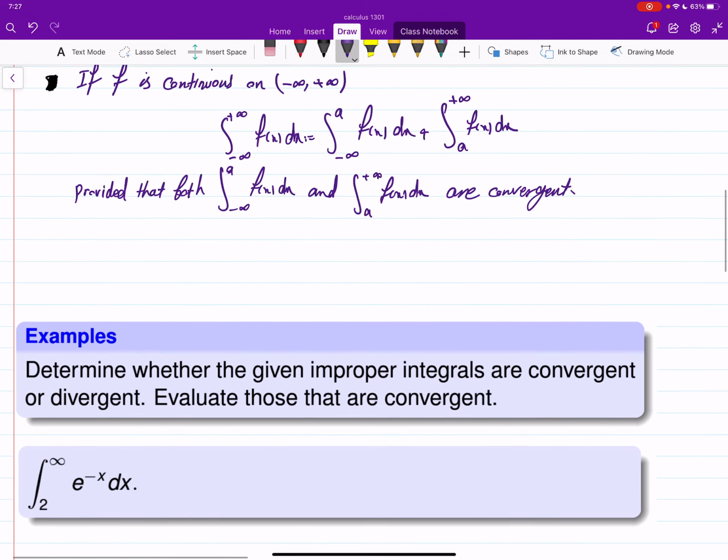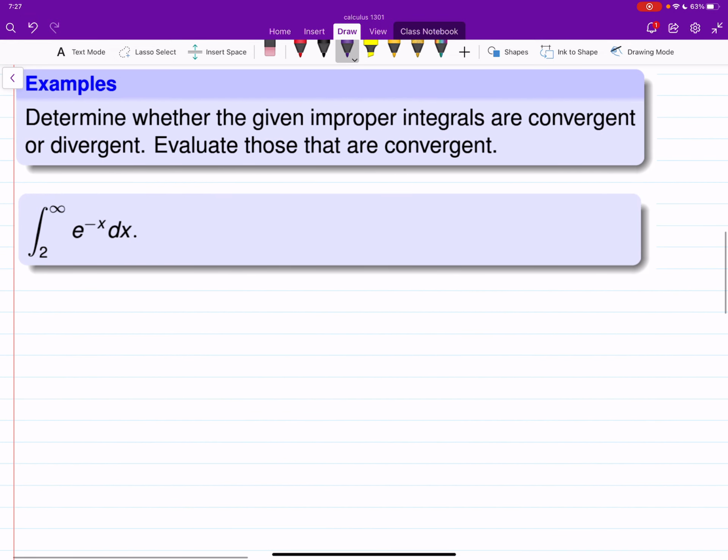Let's do some examples. So the integral of this guy. First, we replace the plus infinity by t, and then integrate. Well, the integral of e to the power negative x is negative e to the power x. We go from 2 to t, and that will give you negative e to the power minus t minus negative e to the power minus 2.